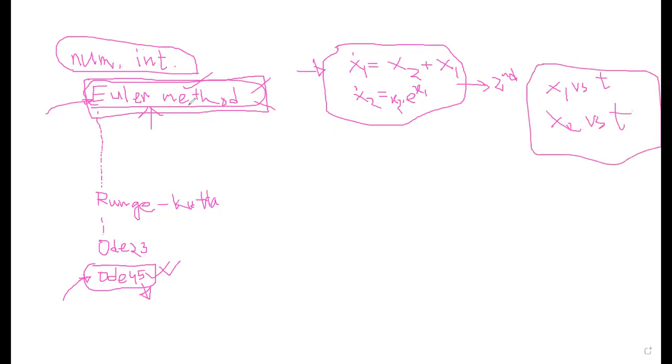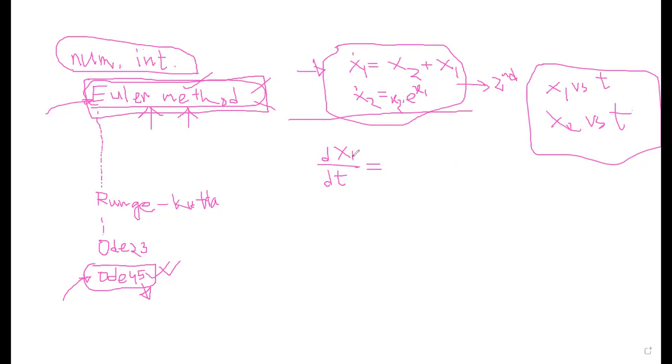Simply, the technique adopted by Euler is this. If you have any differential equation of this form, dx over dt in general, equal to some function.